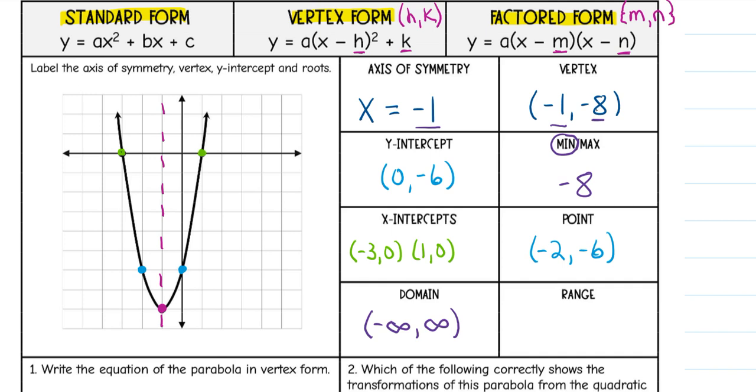So just as a reminder, I'm just going to draw a little line here. We want to think about the y values as our down to up, and therefore we're going to use -8 as our lowest or our minimum, and it keeps going to infinity. So again, our range would be -8 to infinity, and it includes -8 because we have a coordinate there.